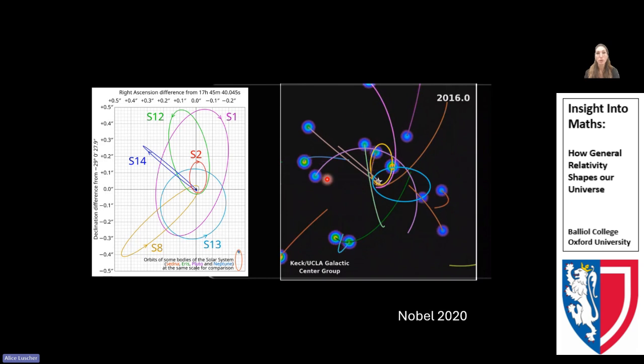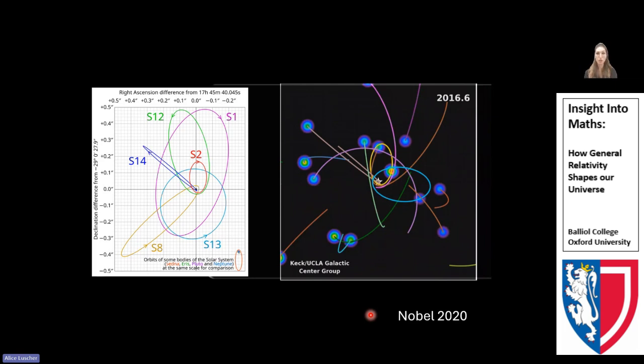And basically what people noticed is that a bunch of objects seemed to be orbiting something, but when they looked, they didn't see anything. And so they said, oh, maybe it's a black hole that is being orbited. And so a team of people reconstructed these orbits entirely and computed the properties of this black hole, Sagittarius A, and for their observations, they got the Nobel Prize back in 2020.